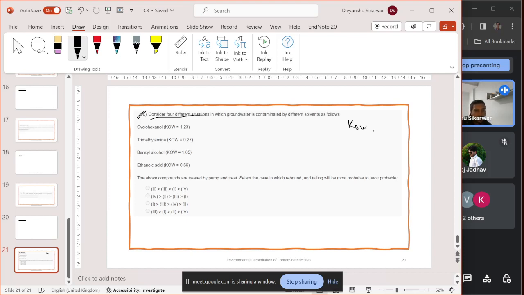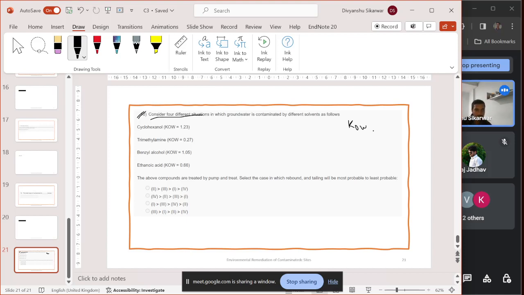So select the case in which rebound and tailing will be most probable to least probable. The contaminant which will have more tailing means we have to perform pumping again and again, and for another contaminant you have to perform pumping a minimal number of times. In that order you have to arrange them.